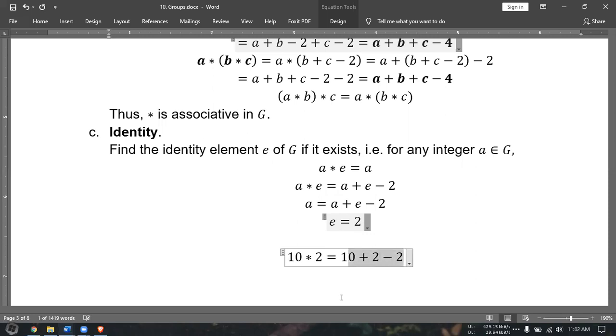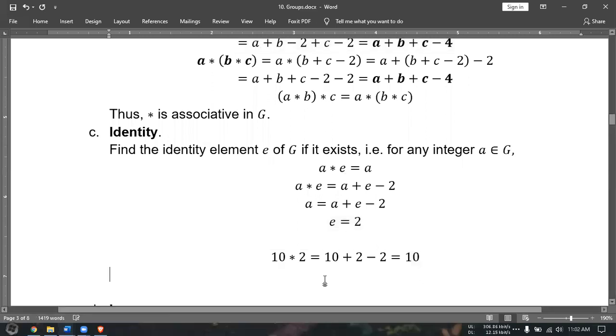Okay, 10 plus 2 minus 2 is of course 10. So yes, kahit na anong i-operate natin, 2 will always be resulting to the same element.